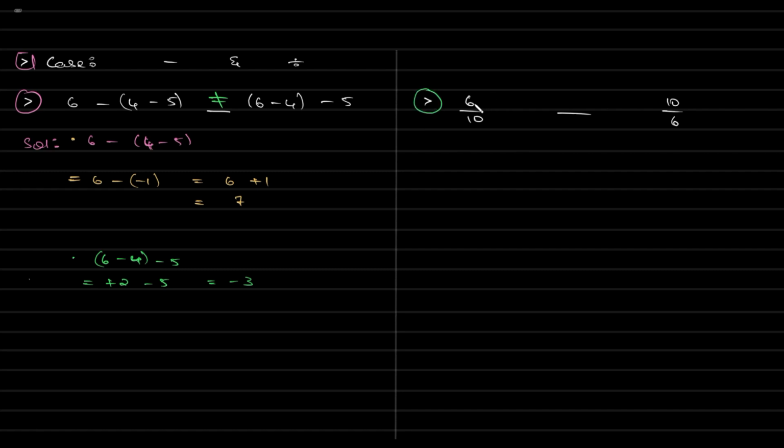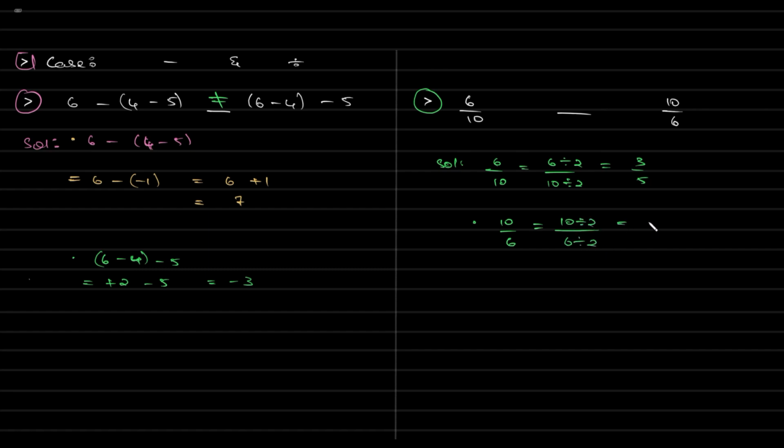So 6 by 10, is it same as 10 by 6? No, it's not. So 6 by 10 in the reduced form, it is 6 divided by 2, 10 divided by 2, as HCF is 2, so I can do this. This is 3 by 5. While my other term is 10 by 6. 10 and 6 again has 2 as their factor.